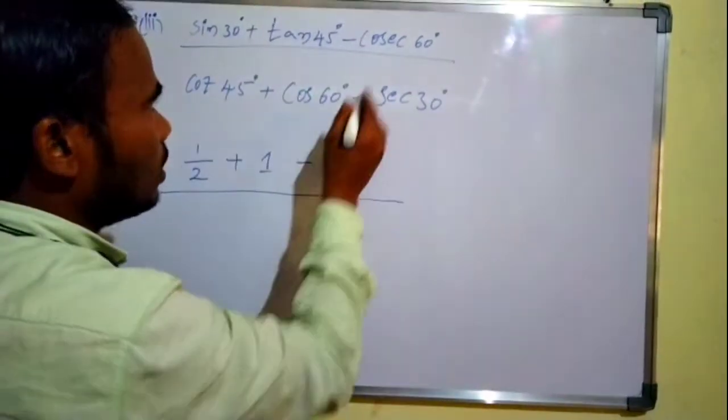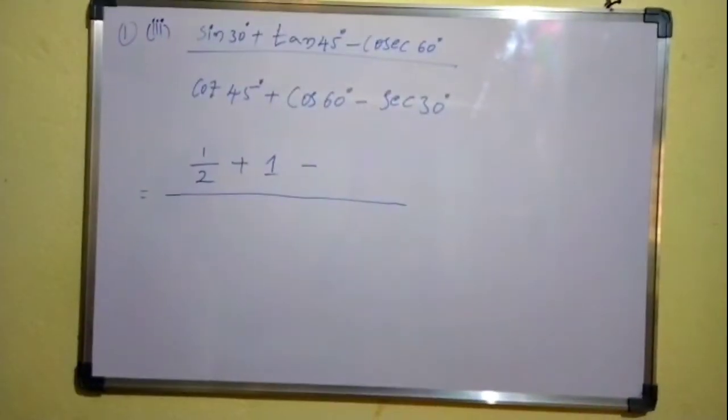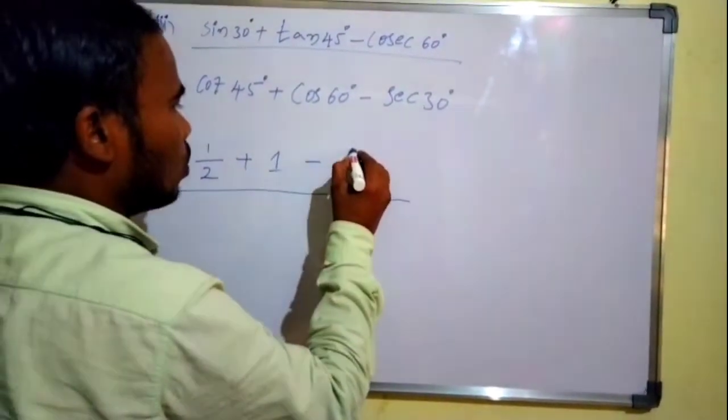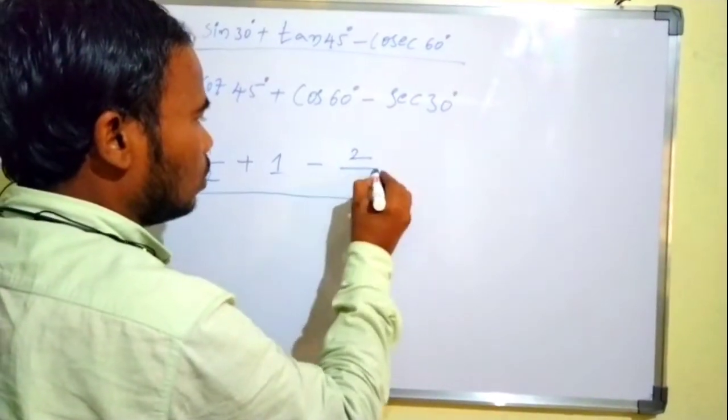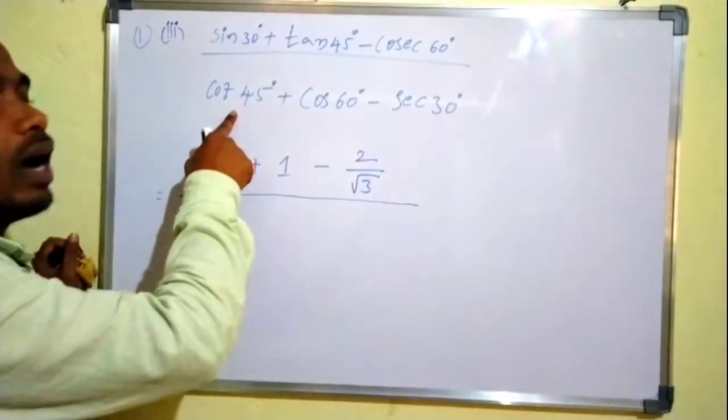Next minus cosec 60. Cosec 60 degrees is equal to 2 by root 3. Now cot 45 degrees.